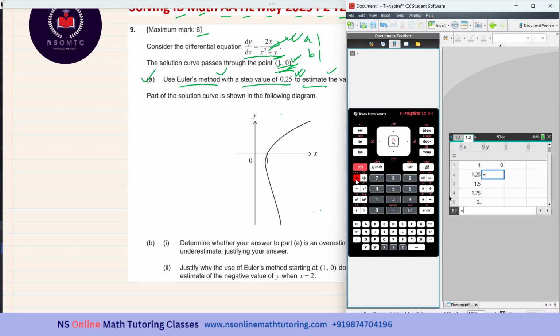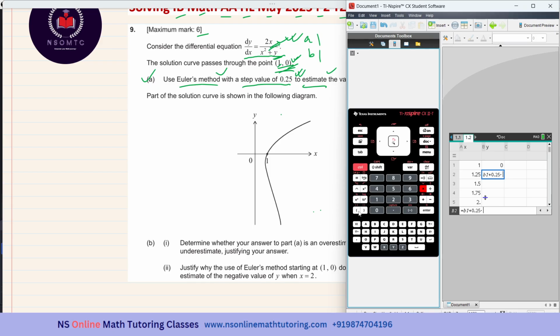So we have to start with the equal to sign. Yp is stored in the B1 cell, plus h, it is 0.25, times. You cannot see the entire formula in this cell, but you can see it over here. You have to check whether you are entering the whole formula correctly from this part.